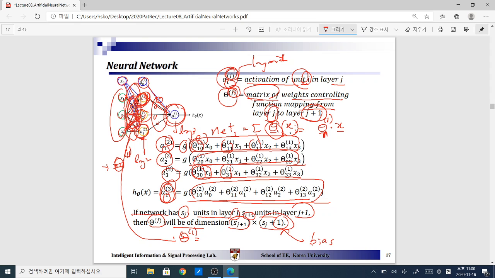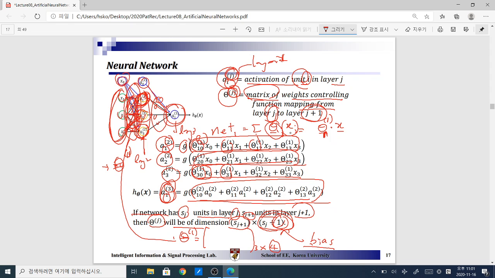It's going to have, as we saw, dimension of 3 by 4, because you have 3 leading to these 3 neurons, and 4 because it starts off with 3 features as well as 1 more for the bias. Okay, so it's going to be 3 by 4.